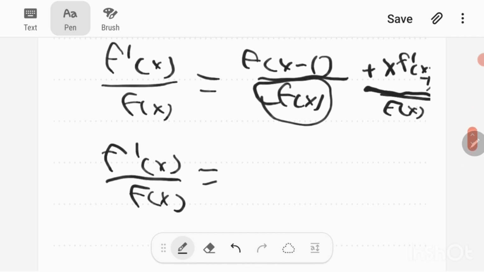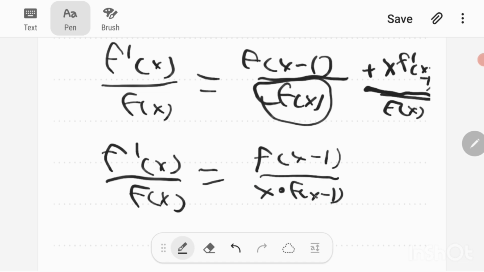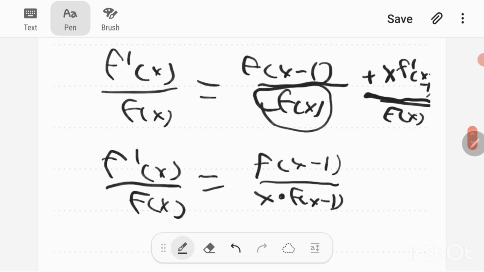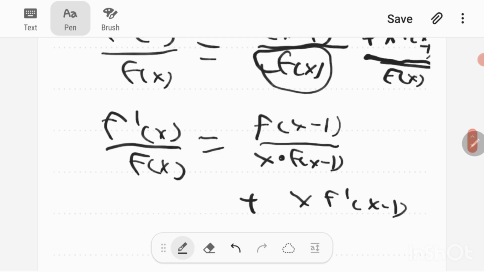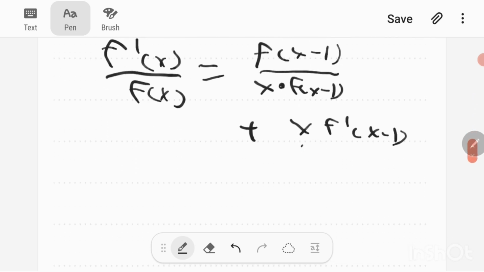So that would yield f of x minus 1 divided by x times f of x minus 1. We do that to the other term as well, because division is distributive. So x times f prime of x minus 1 divided by x times f of x minus 1.